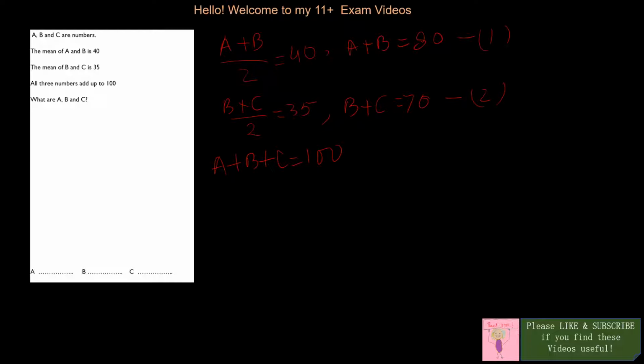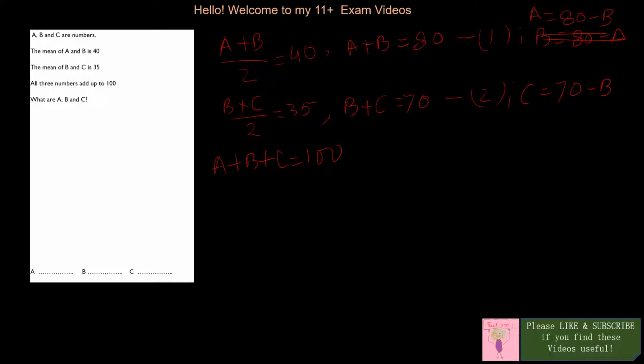So from here we can say B equals 80 minus A, and from here we get C equals 70 minus B. So that is C, and now I have expressed C in terms of B, so I have to express A in terms of B. So I should write A equals 80 minus B. You see what I'm doing, and how I can make so many mistakes.